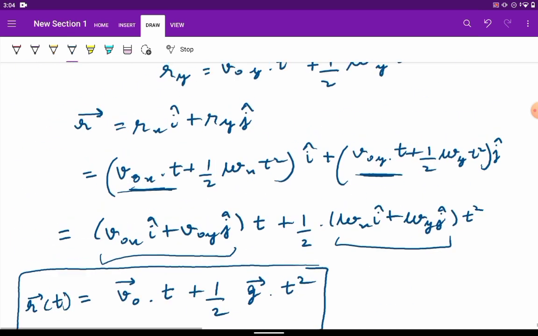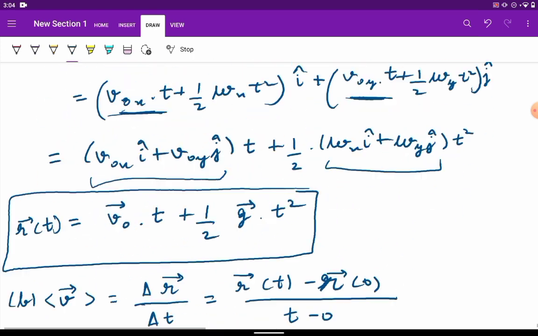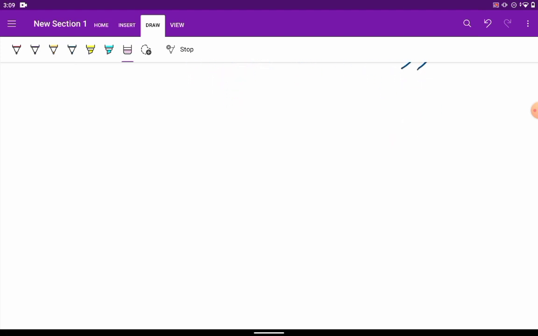In the problem statement they say that it is thrown at an angle to the horizontal. Okay, fine. So in this part where we need to find out the time of motion, essentially let's say the particle was thrown at an angle at this point, like this.